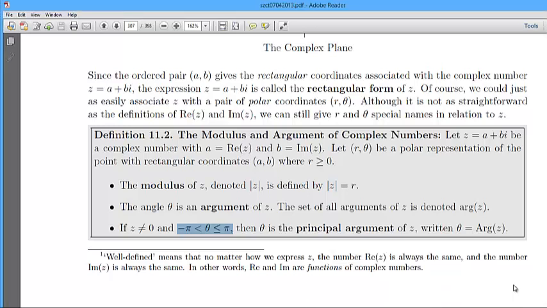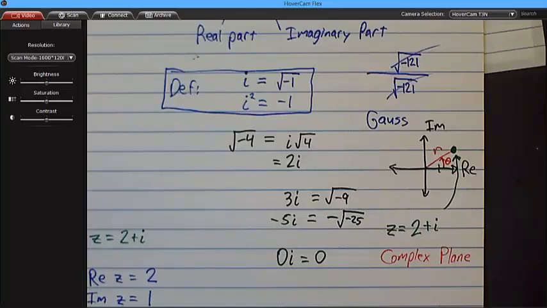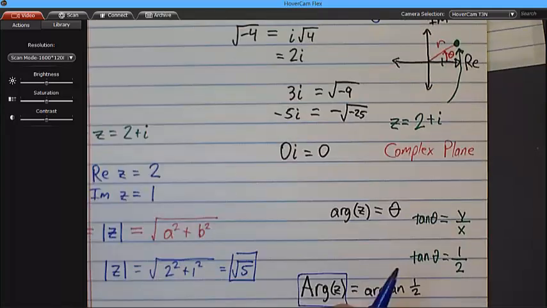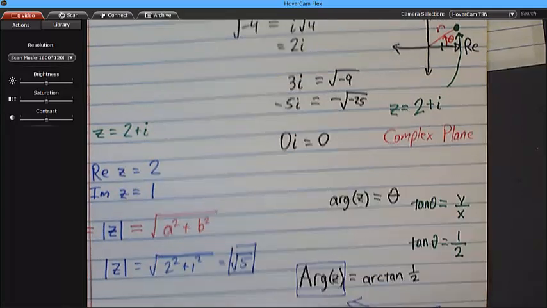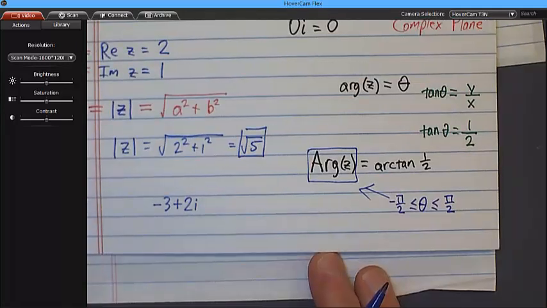Yep, and what blew me away is that if you look at my example, I thought, well, I'll just take the inverse tangent of a half and I'll get the answer. I'll get what theta is. The problem is that that works for this example, but what if you give me a complex number like negative 3 plus 2i? What if we graph negative 3 plus 2i? What quadrant are we in if we do negative 3 plus 2i?